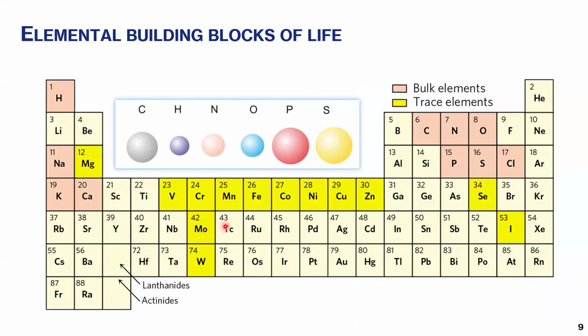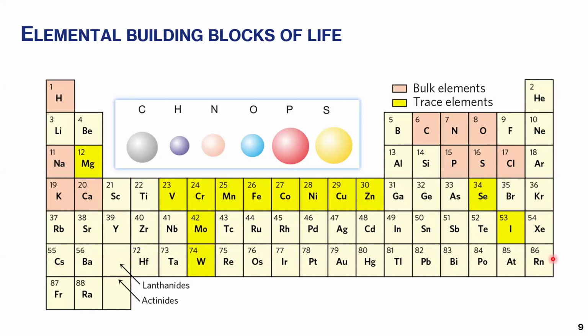The remainder is various amounts of sodium, magnesium, chlorine, potassium, calcium, iron, cobalt, copper, zinc, and molybdenum. These are micronutrients, and to an even lesser degree, silicon, vanadium, nickel, and tungsten.